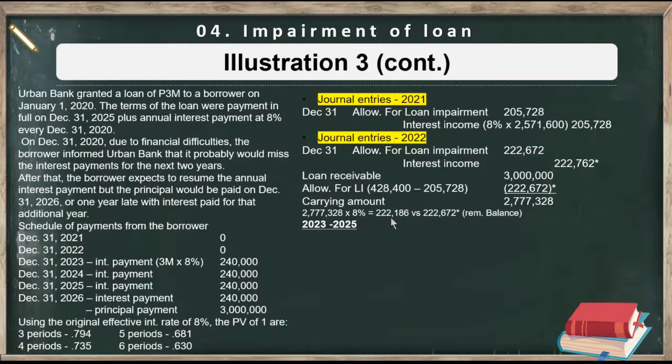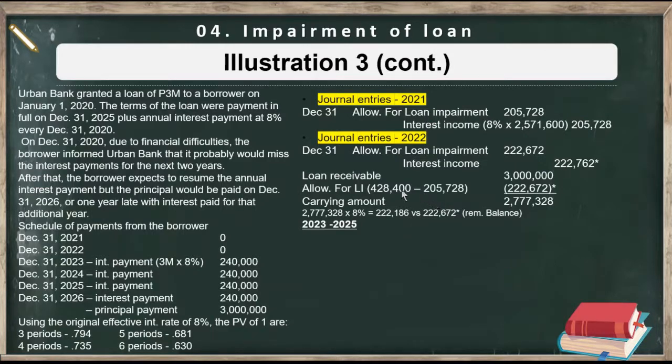But the answer for that would be 221,186, which would be lesser than the remaining balance. If we use 221,186, it would be short.